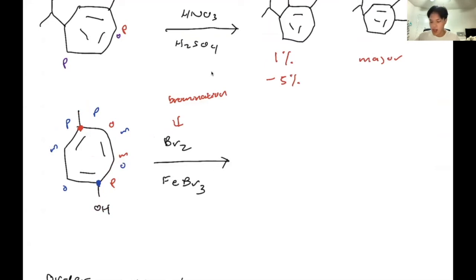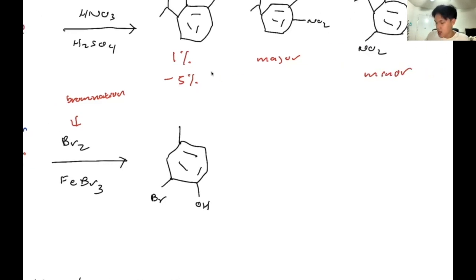So that means this hydroxyl group is going to be the stronger director, which means it's going to direct ortho or para from the position of the hydroxyl group. So from this position, we're going to add it either ortho or para. We can't add para because there's hindrance here, so we have to add it ortho. So we can add it ortho, OH, and then right here.